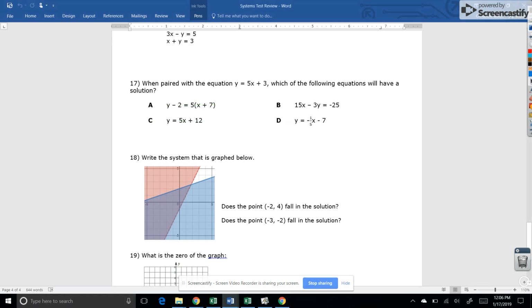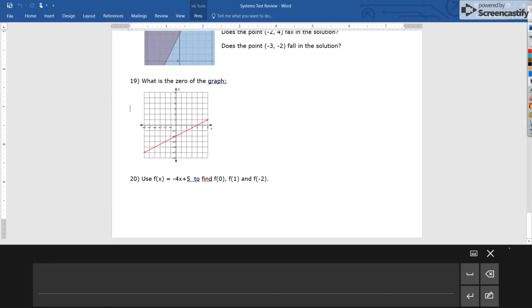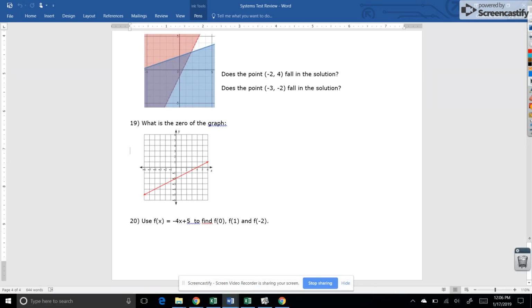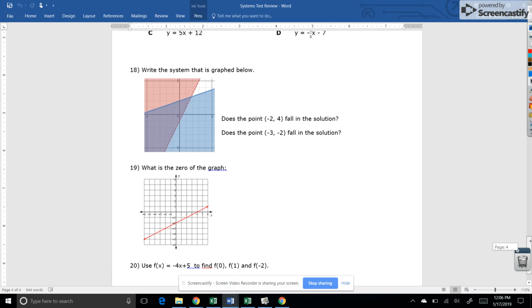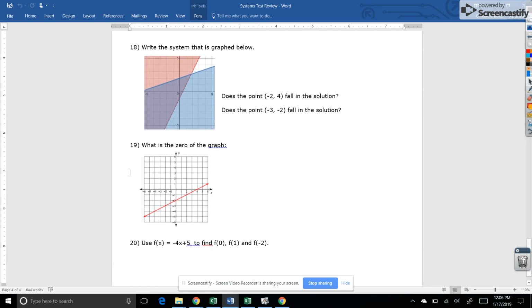Okay, write the system that's graphed below, and then analyze solutions. Okay, so y-intercept is 2. My slope is up 1, to the right 3.